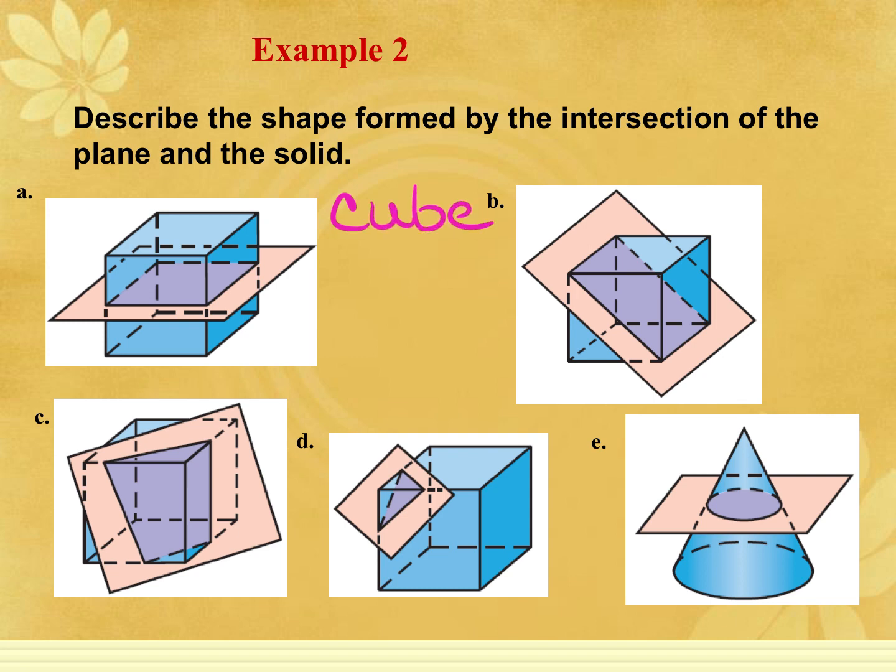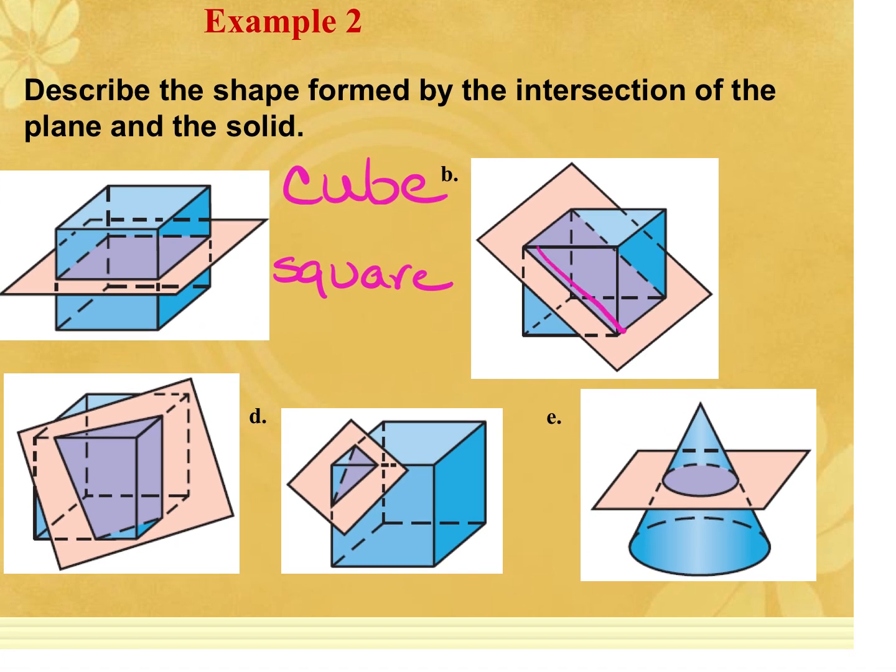When we do the cross section for A, and they take that plane and slice it, since the original shape was a cube, the cross section for A is a square. Then when they slice it diagonally, then this purple cross section becomes a rectangle.